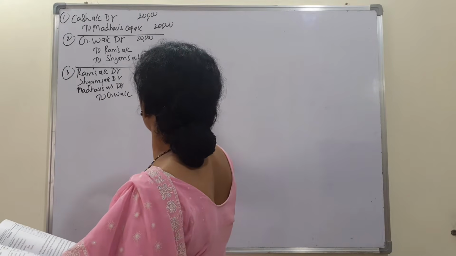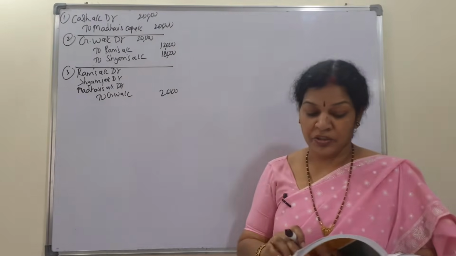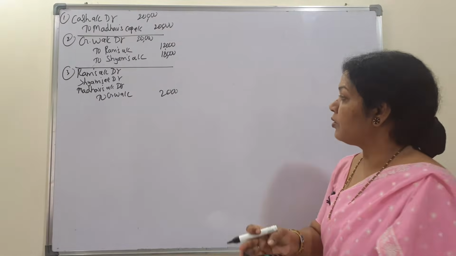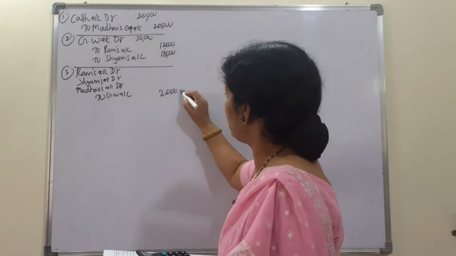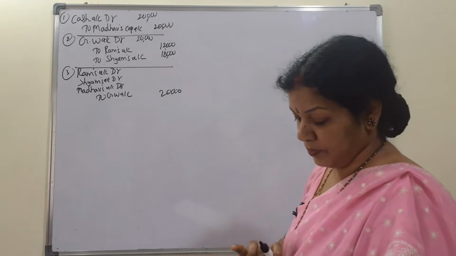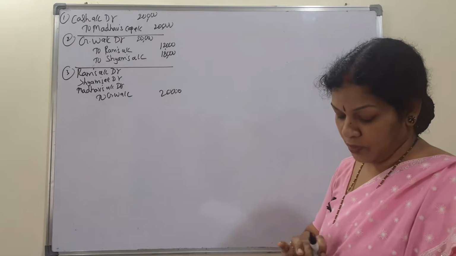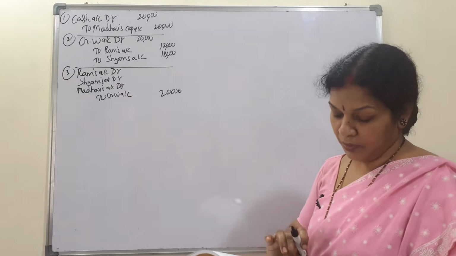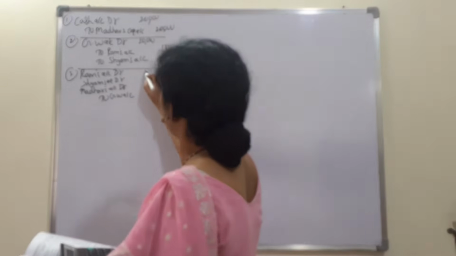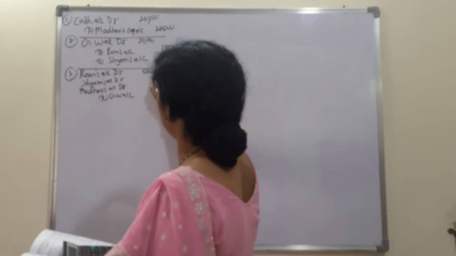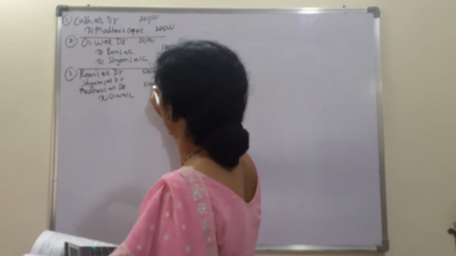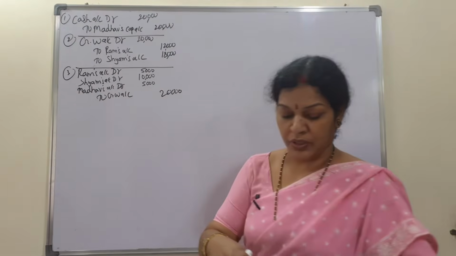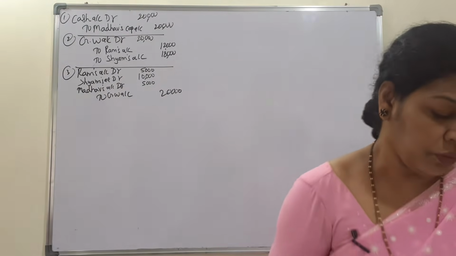Goodwill is 30,000. We have to distribute it in the ratio of 1:2:1. 1:2:1 means 1/4 is 7,500. So it is 7,500, 15,000, 7,500. Okay. So this we have done.